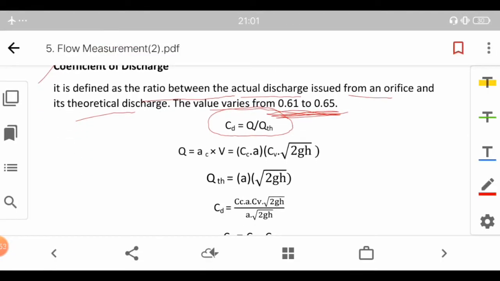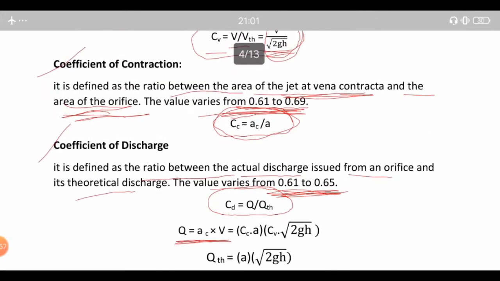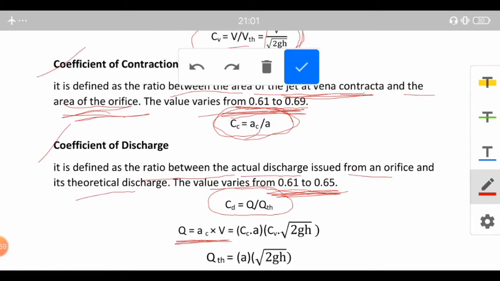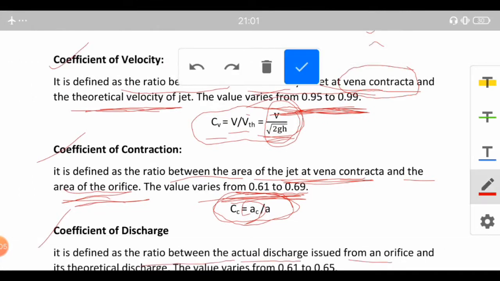So we can write that Q is equal to Ac times V, where Ac is the area at the vena contracta and V is the actual velocity.